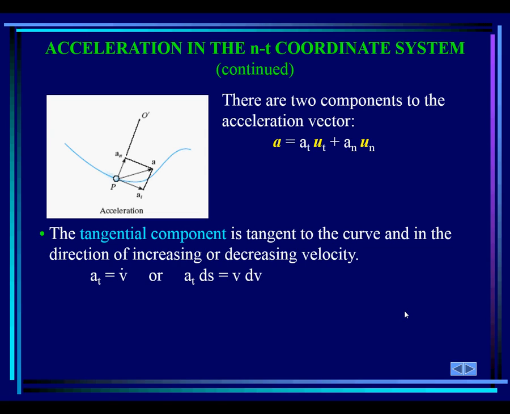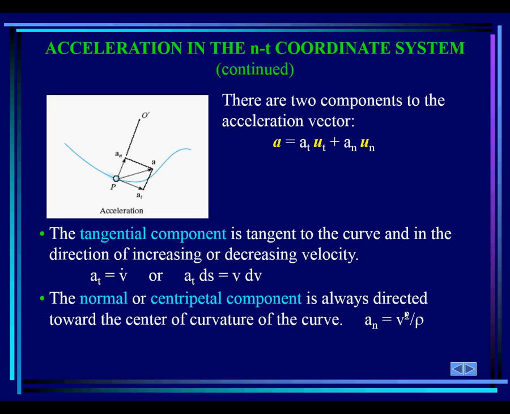One is the tangential acceleration, which is tangent to the curve and in the direction of increase in velocity. The other is the normal or centripetal component, always directed towards the center of curvature with a value v squared over rho.